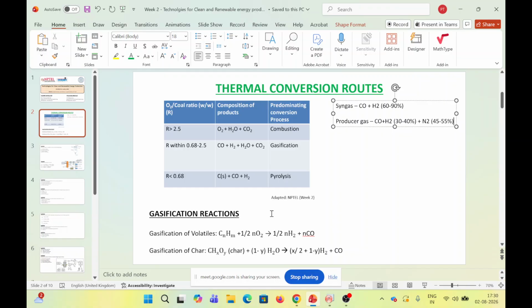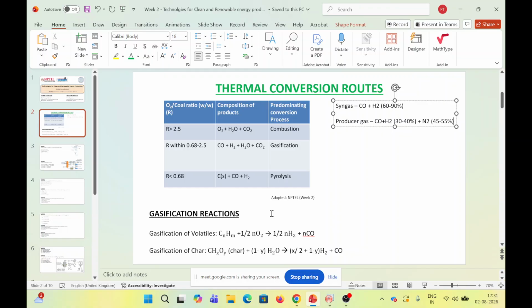After that you have the temperature range and the pressure range. Both pressure and temperature have an effect on the amount of syngas produced, its composition, as well as the energy that the syngas carries.